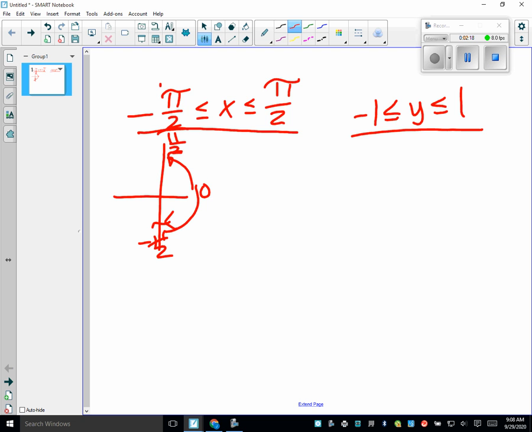Every value. Because I told you we're going backwards. Normally I give you x, you tell me y. Today I'm giving you y, you tell me x. That's what inverse means. Okay?